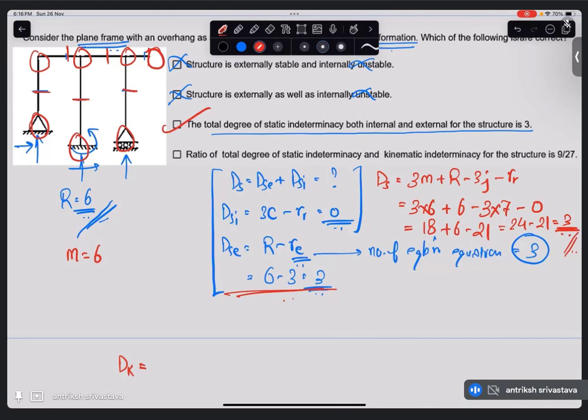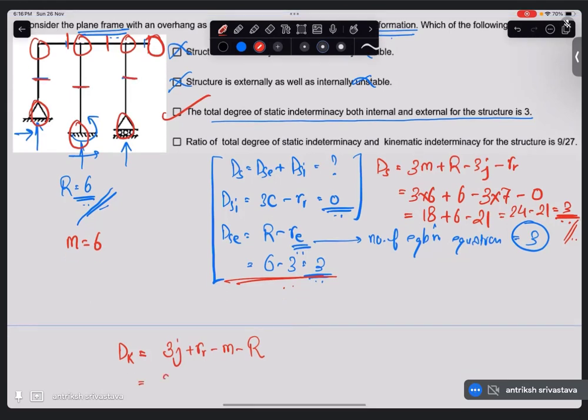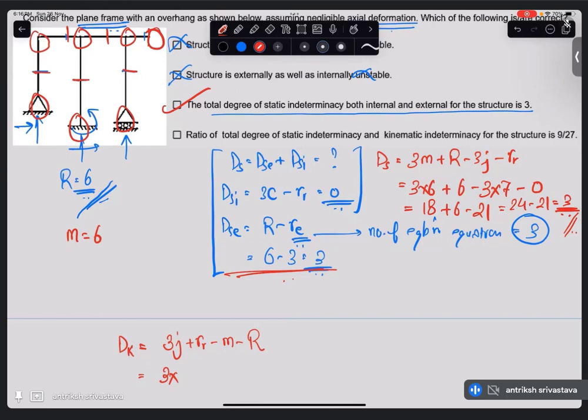You should be able to remember that formula. It is 3j plus rr minus m minus r, right? 3 into, considering all the joints, 7, plus RR, the number of released reactions, 0, minus M.